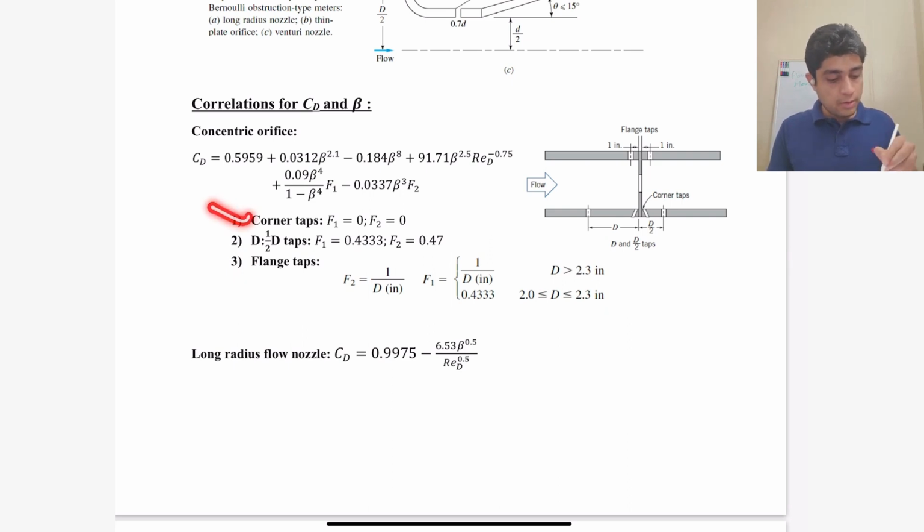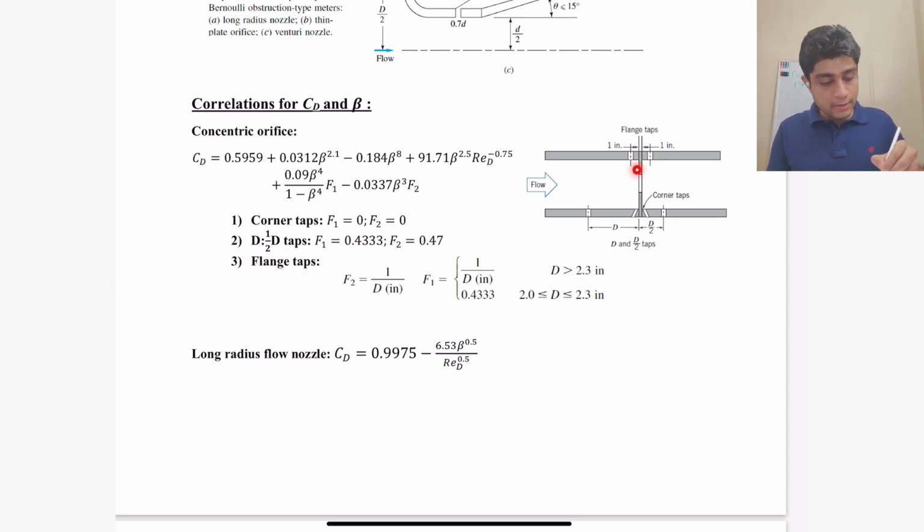The first is corner taps. That just means you place the pressure taps adjacent to the orifice plate just before or after it. Other way can be D and D by 2 taps. So it means the upstream pressure tap is at a distance D behind the orifice plate, and the downstream tap is at a distance D by 2 in front of the orifice plate.